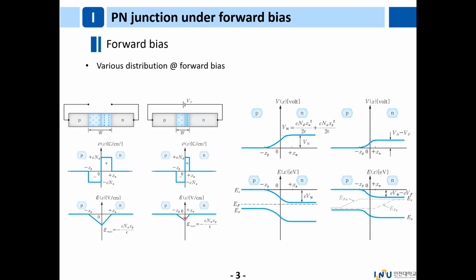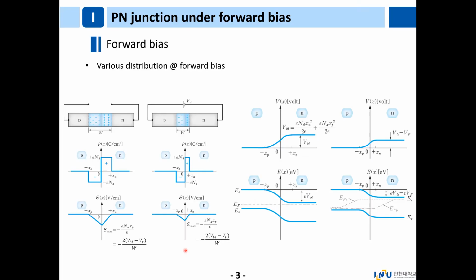As we saw last class, the electric field is a linear function across the depletion layer. As the forward bias increases, the electric field decreases because XP and XN are decreased. And as in the case of reverse bias, the maximum electric field in the PN junction can be expressed using the width of the depletion layer.